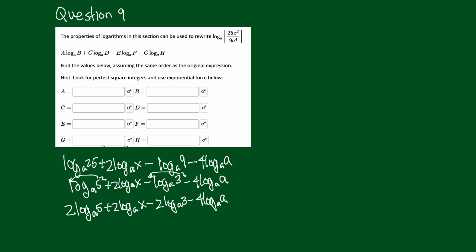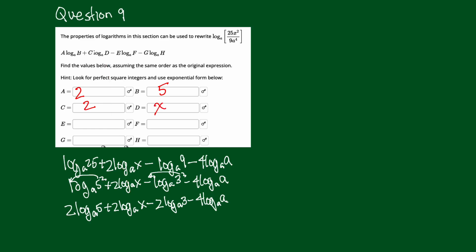So A is going to be a 2. And then what is B? Now B is over here. B is the first argument. That's going to be a 5. So I'll put a 5 here. And then C, what is C? C is that next multiplier. That's a 2. And D, all right, what is D? D is that second argument, which is an x. So I'll put an x here.